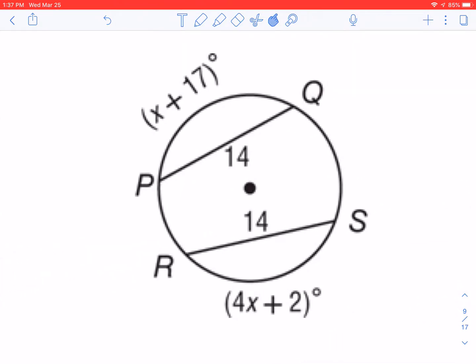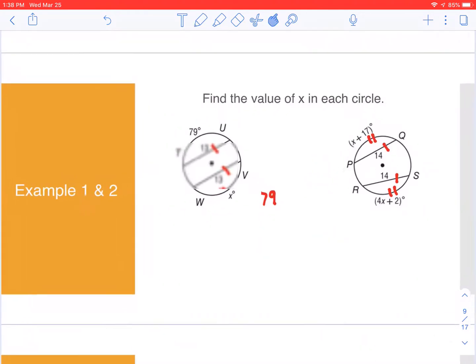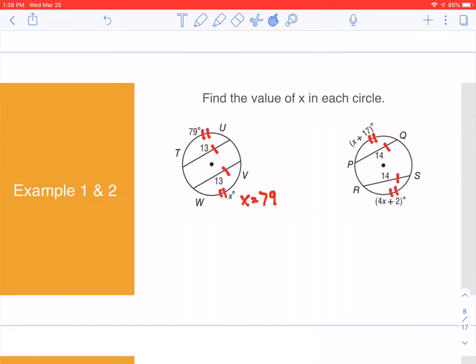Now we're going to have to do some algebra, but if 14 is congruent to 14, then arc PQ is congruent to arc RS. And now I have an algebraic equation, which I'm going to zoom out for, and we're going to solve.